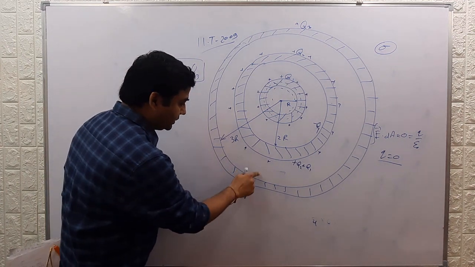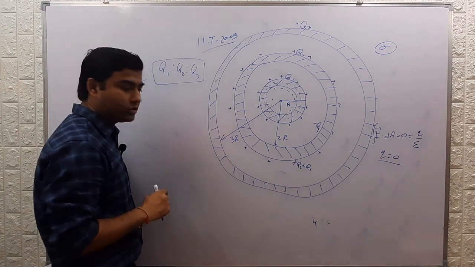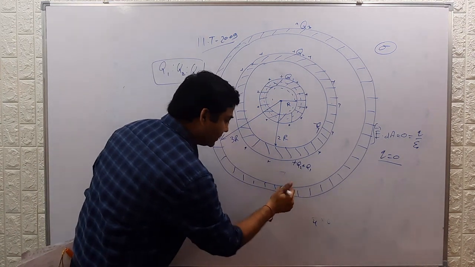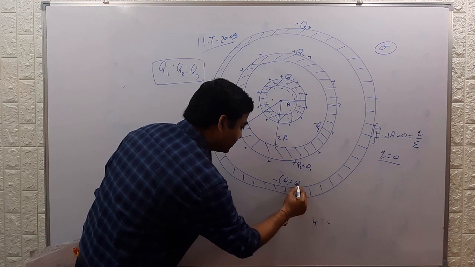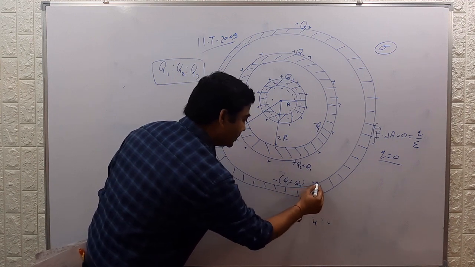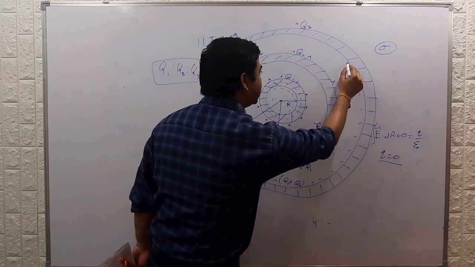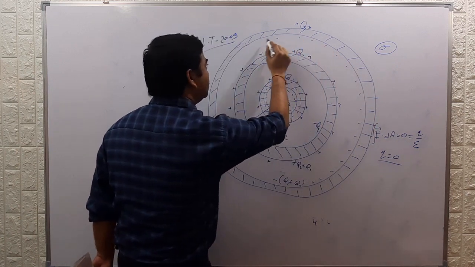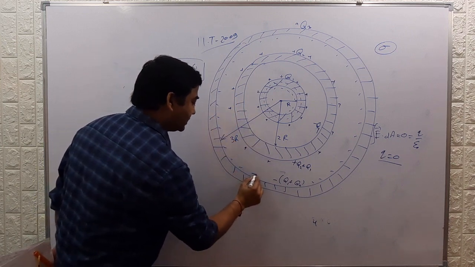Now again, for these two facing surfaces, this has plus Q1 plus Q2 charge. So the induced charge at this surface will be minus Q1 plus Q2. So the inner surface of the outer sphere will have minus (Q1 plus Q2) induced charge, because these are facing surfaces.